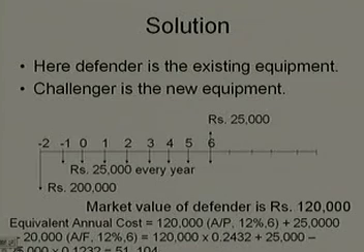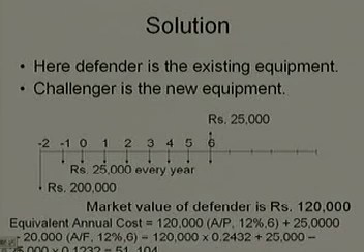So, I will use the factor A given P at an interest rate of 12% for a period 6, plus 25,000, which is the operating cost, and minus the salvage value annualized.